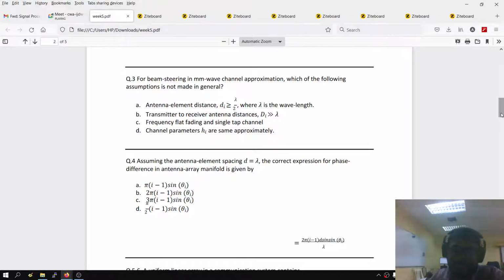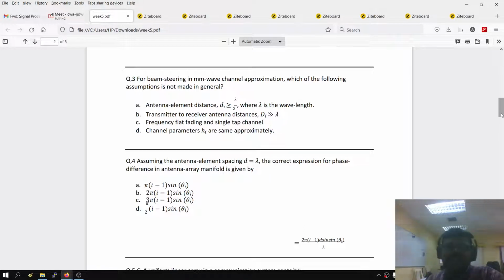So the first option, this assumption is made, like di should be greater than lambda by 2. Why? If di is not greater than lambda by 2, antenna coupling can happen. It should be greater than half of the wavelength. So this assumption is made, and this is not something wrong. The option B is transmitter to receiver antenna distance.